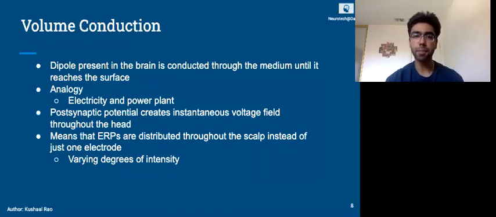One big principle of electricity and electric signals in the brain is volume conduction. So when a dipole is present in the brain, the current is conducted through the medium until it reaches the surface. This is why it's called volume conduction, because current is conducted through the entirety of the volume.